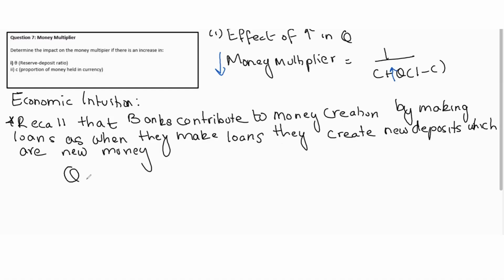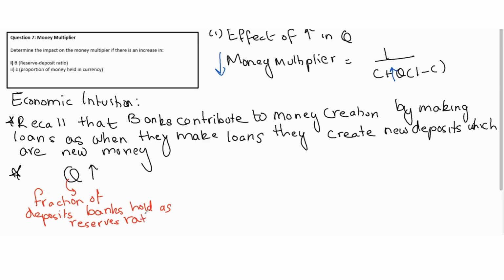Now when theta increases, where theta represents the fraction of deposits banks hold as reserves rather than lending out, a larger fraction of deposits is held as reserves.